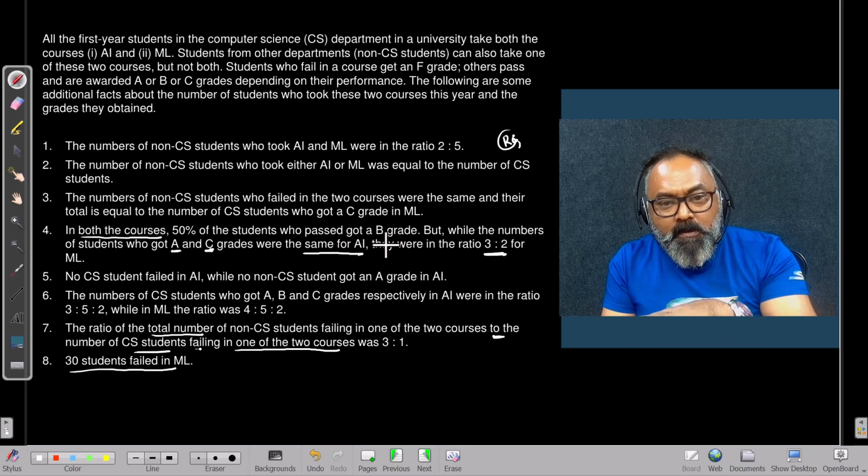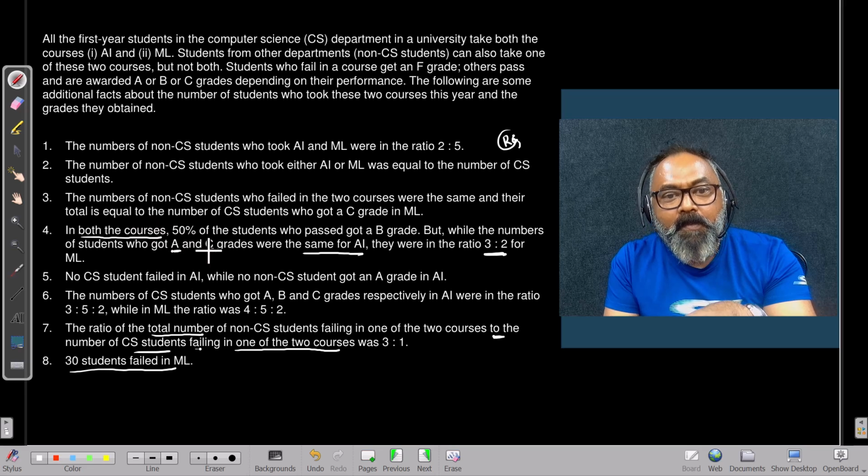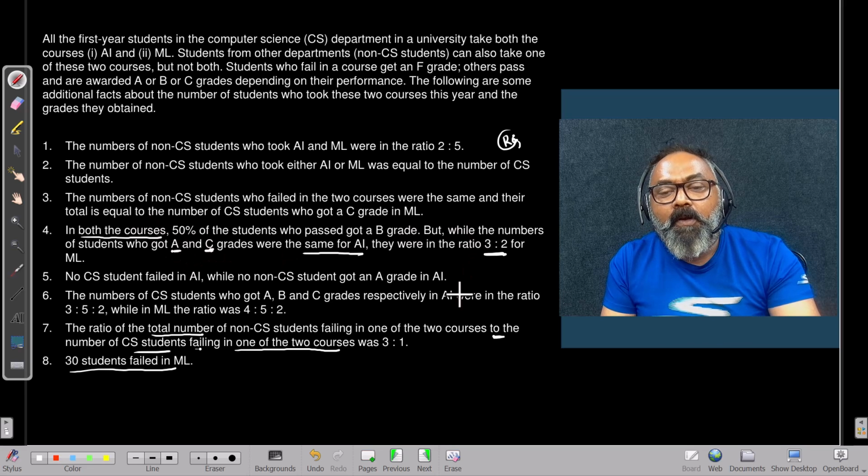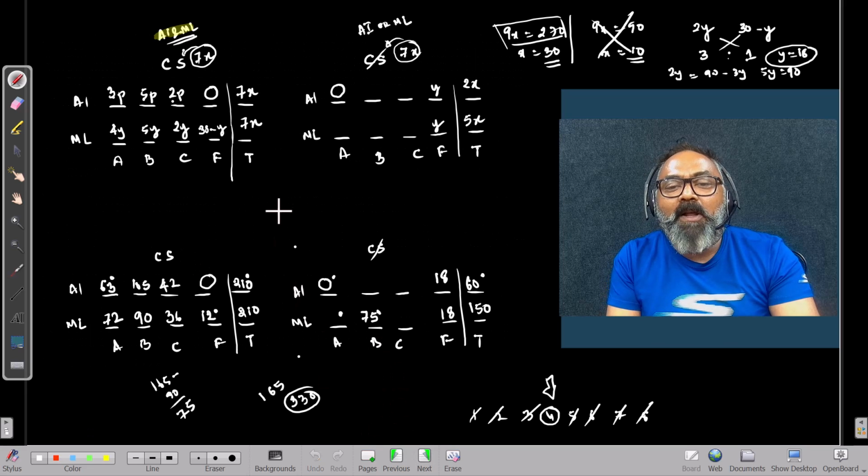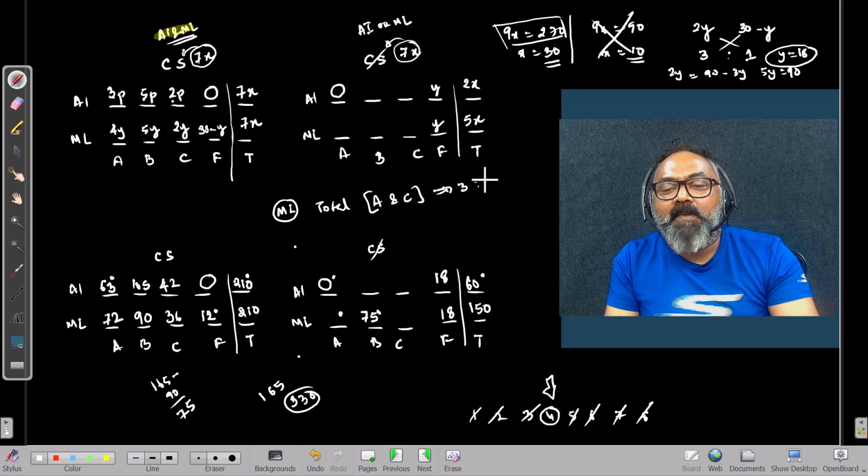The total in both the courses, the number of students in ML, the total students who got grade A and C. So basically that tells me in ML, the total of A and C are in the ratio 3:1.